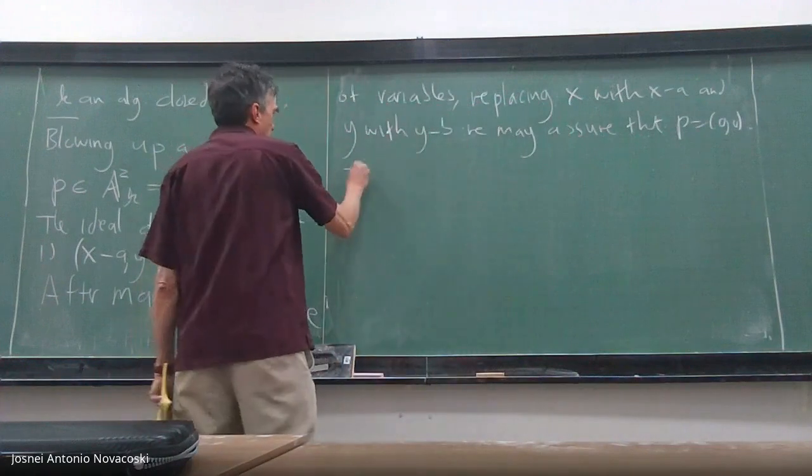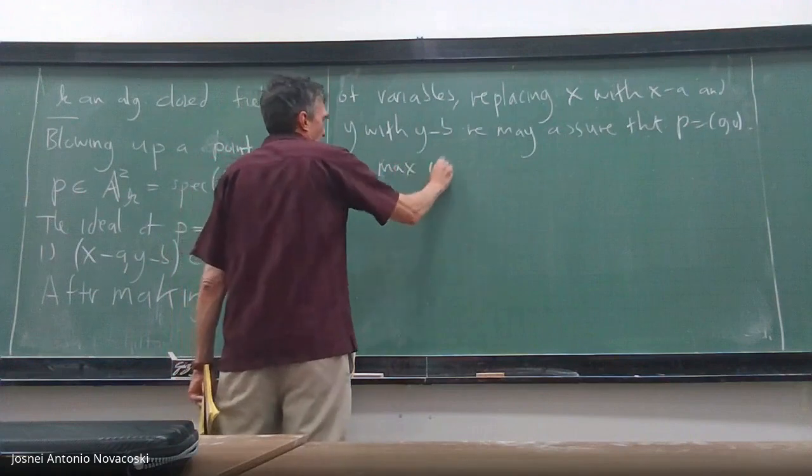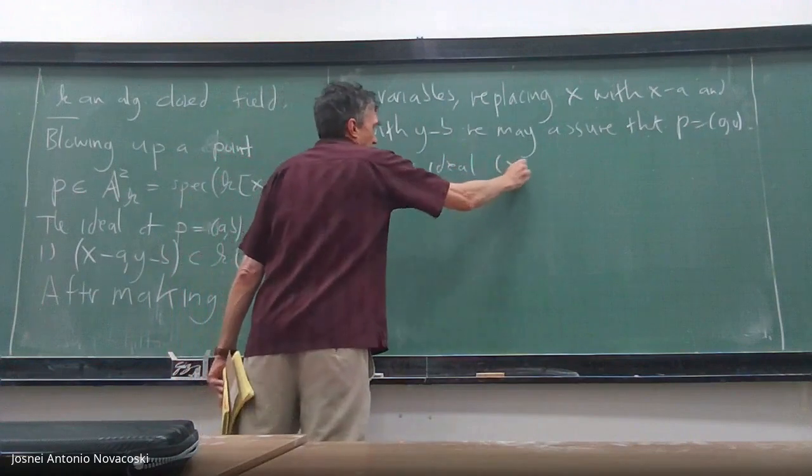So then the maximal ideal is just going to be (x,y).